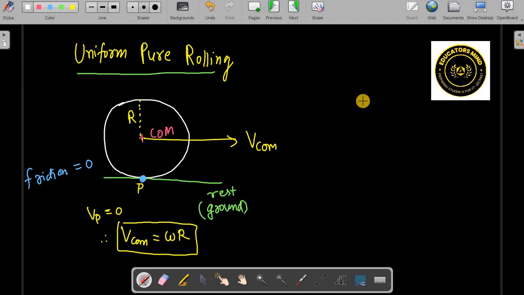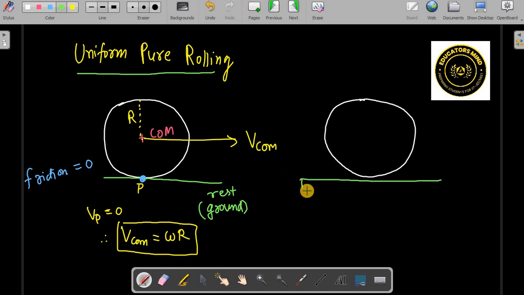Now another case: what will happen if there is a platform here, like a plank. This is a plank. And let us say the plank is moving in this direction with the velocity Vp, the velocity of the plank, or V plank you can write.